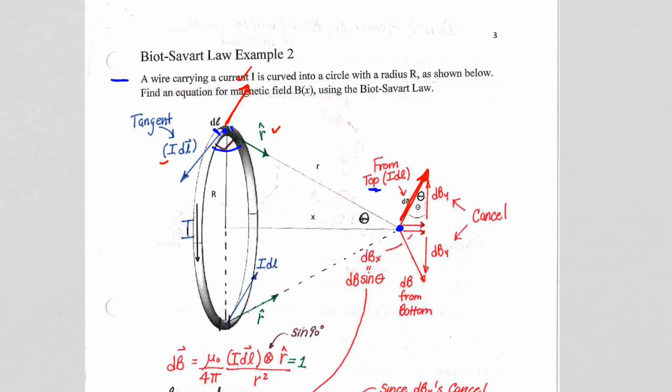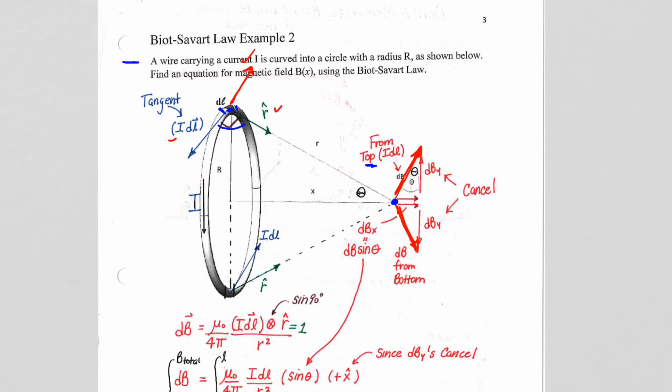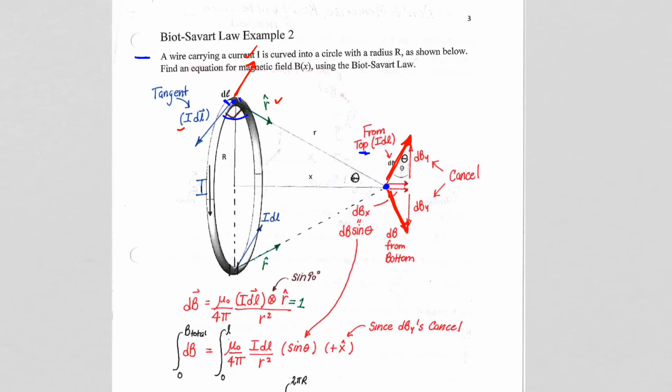Then by symmetry, when we go directly to the other side, we have our IDL at the bottom. Hopefully you can see that the B field contribution from the bottom dL is down here. And notice when we use the Biot-Savart law to solve the problem, we look at the cross product first. Here we have sine of 90 degrees.